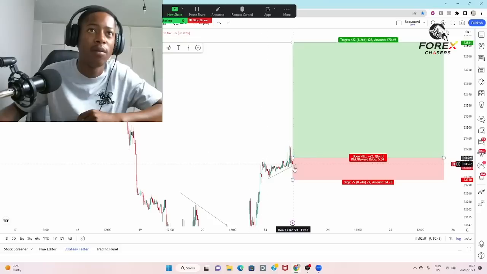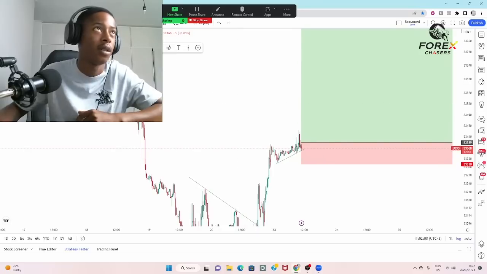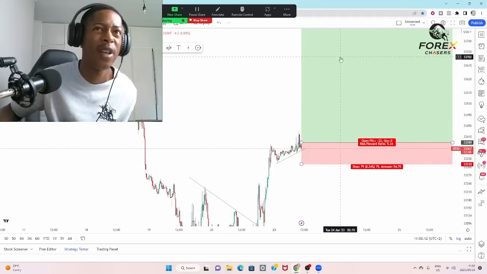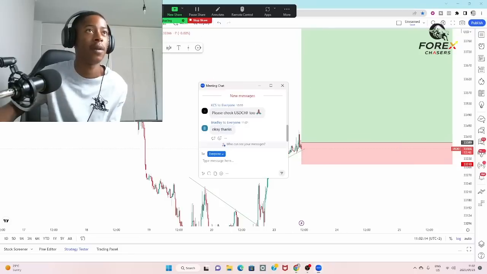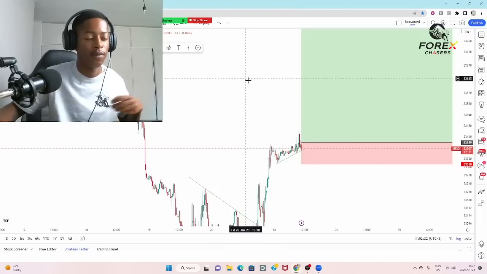But even if it goes down and then tests somewhere around here, I'll buy again and go back up with it, and manage it that way. That's the most profitable way that I can trade, cutting losses very short, but also making sure that I maximize my returns, making sure that my returns are way more than my stop losses.